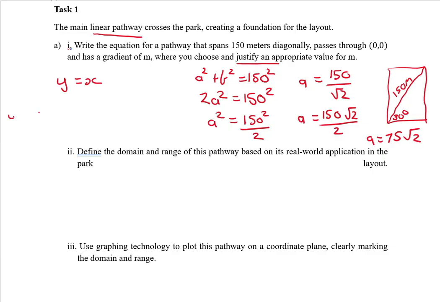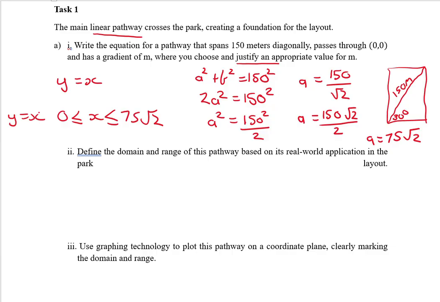So then my equation is going to be y equals x, and my domain is going to be for when x is greater than or equal to 0 and less than or equal to 75 square root 2.